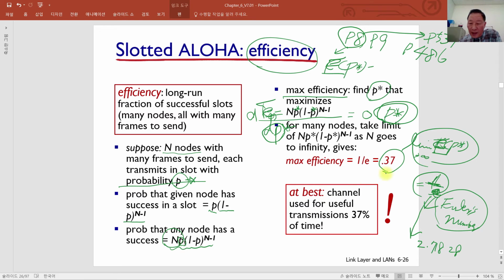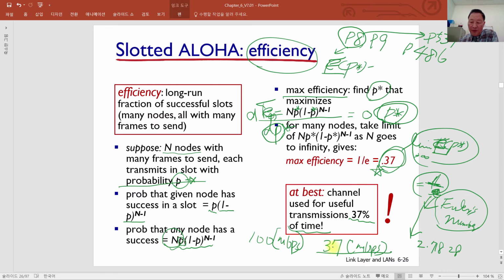Theoretically, we can derive this one, but at this moment you can focus only on this one instead of the full derivation. At best, the channel is used for useful transmission 37% of the time. That means if we are using a 100 Mbps link, we can get a maximum average throughput of around 37 Mbps.